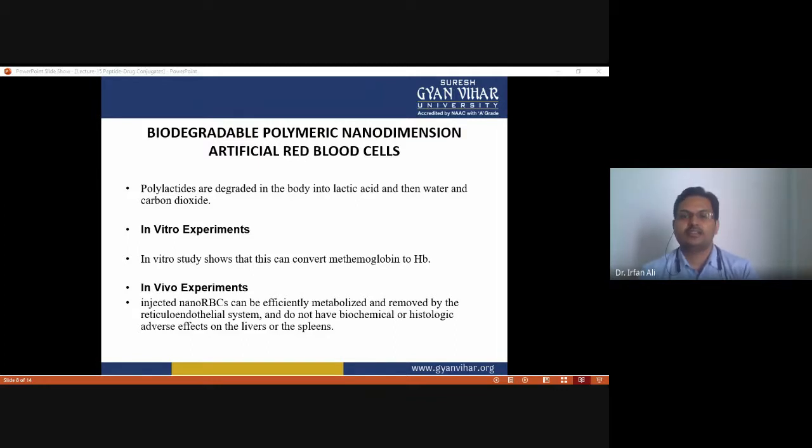And researchers are now using them to prepare nano-dimension biodegradable polymer membrane hemoglobin with a mean diameter of approximately 80 to 200 nanometers. Okay, and these polylactides are degraded in the body into lactic acid and then water and carbon dioxide.